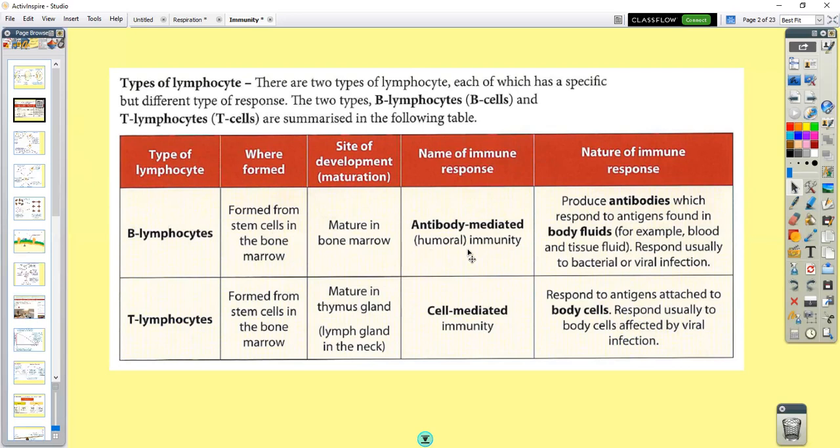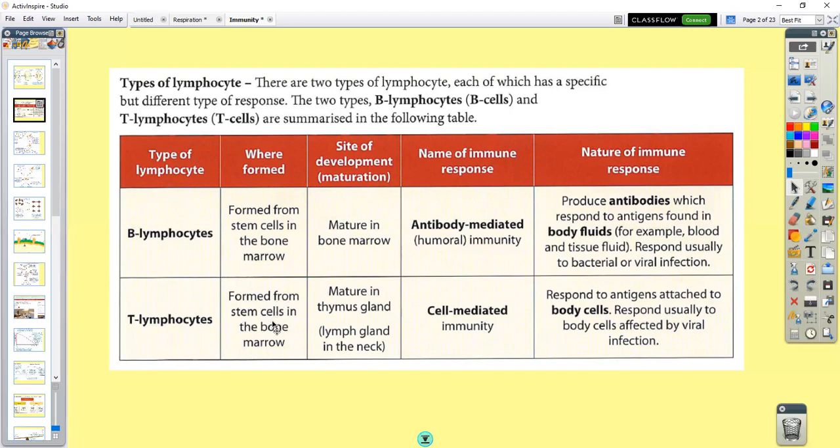The B lymphocytes are formed, as you can see, in stem cells in the bone marrow, and they develop in the bone marrow as well. They're involved with antigens which are found in body fluids. Okay, so antibodies are produced by the lymphocytes and they respond to foreign cells or pathogens in body fluids. T lymphocytes are the other type of lymphocyte.